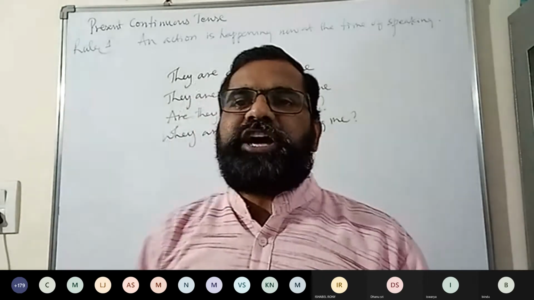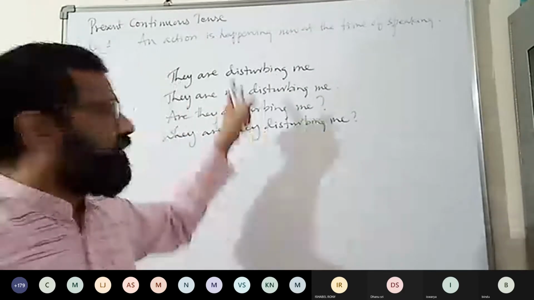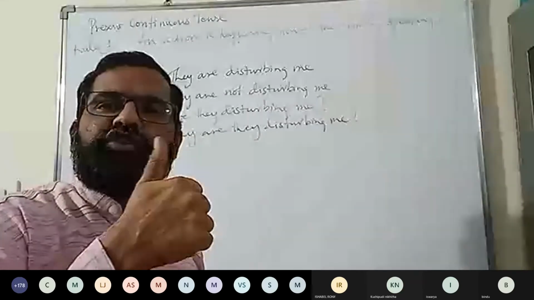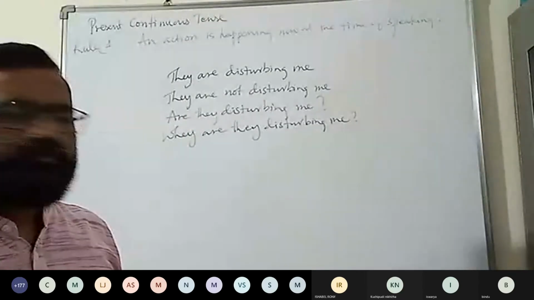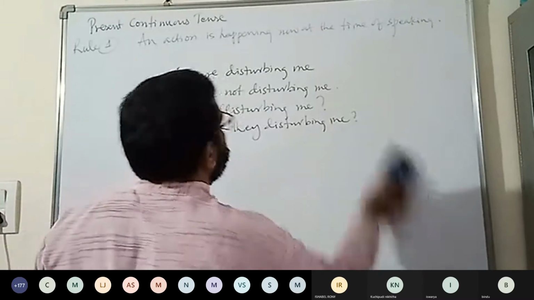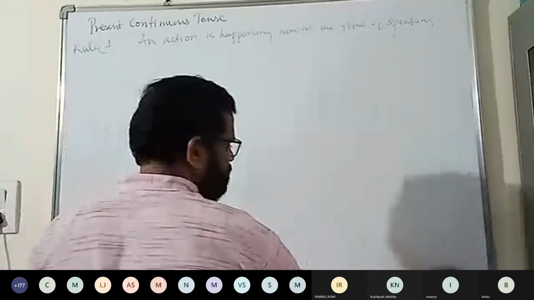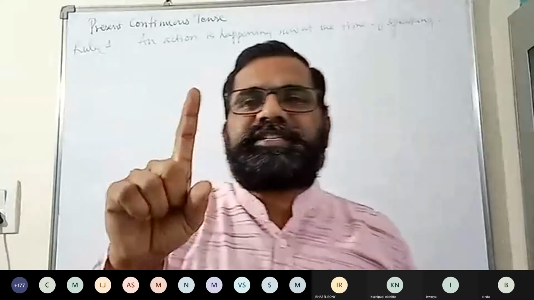All right, have you finished writing? Are you all there? Have you taken them down and have you finished writing a few examples on your own? Okay, I'll give you one sentence.